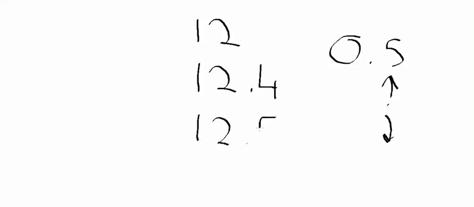So half an inch would be 0.5. So we're looking, do we go up to 0.5 or do we go down? In the case of 12.4, 4 is closer to 5, so we round up to 12.5. And you can see from that example that the plank, which is supposed to be 12 inches, is actually 12.5.